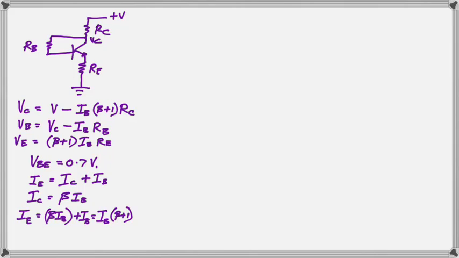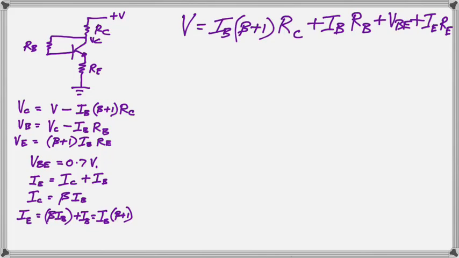Okay, so what do we need to do now? We still aren't completely finished. What is missing? The only thing that's missing is IB. So how do we calculate IB? Well, we go with V again like we did before.